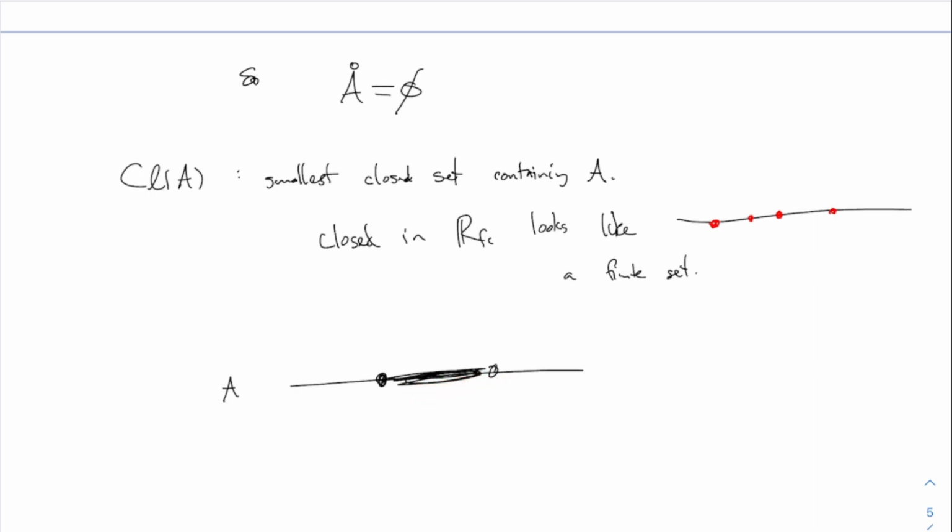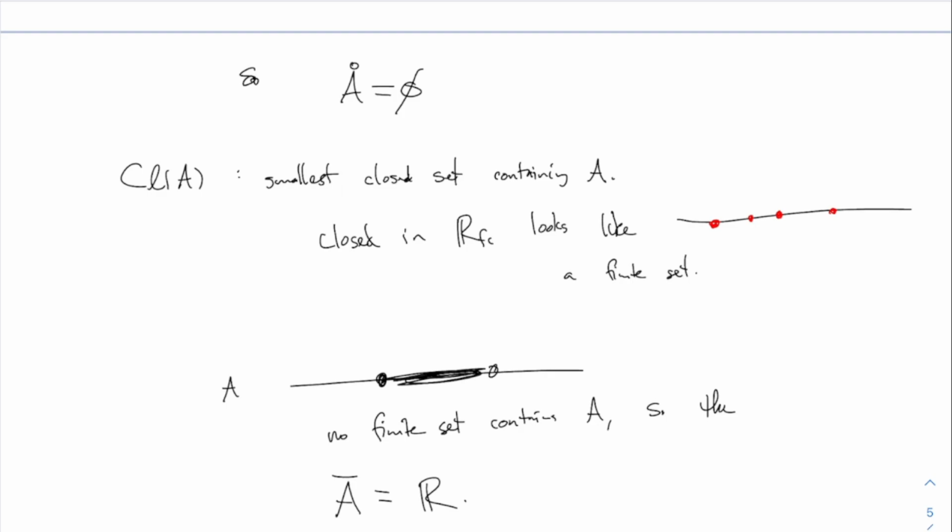So that means no finite set contains A. So when we take the closure, you can't actually make it into one of these sets that look like this because none of them include A. And so you have to just use all of R. That always counts as an option for a closed set, is all of R. No finite set contains A. So the closure is all of R, right?